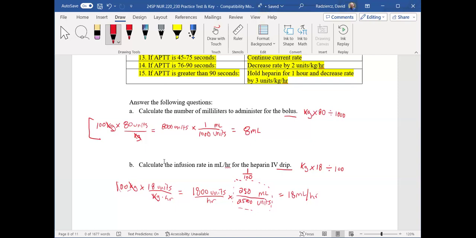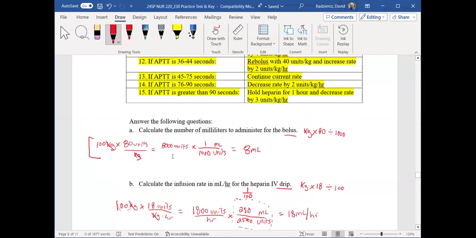It'll be worth one question, but you need to get both parts right to get the whole question right. But if you miss both parts, you write, 2 milliliters is the bolus, and you write 100 milliliters per hour as your infusion rate. You missed one question, even though you missed both answers. It's not a problem. Okay. But you'll practice this, you'll be fine, and it won't be a big deal.